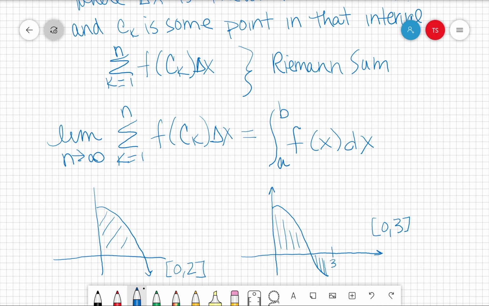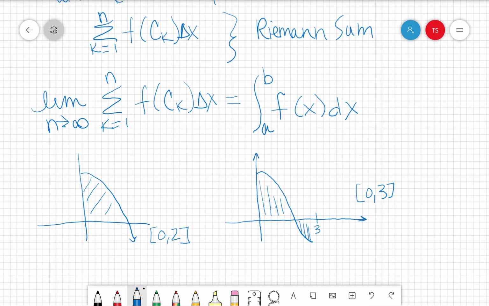And a part of this area is going to be negative. It's going to negate some of this area. So for a definite integral, you could end up with some negative values. You can get a negative number evaluating a definite integral. So it doesn't require that you evaluate only positive values.